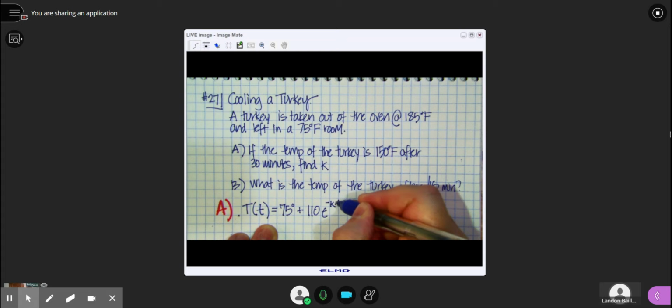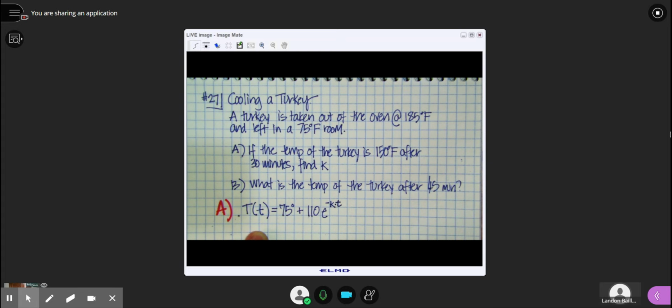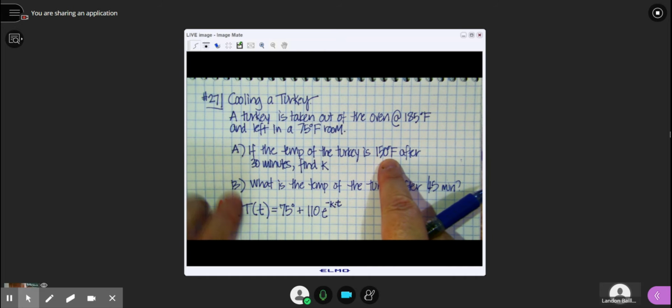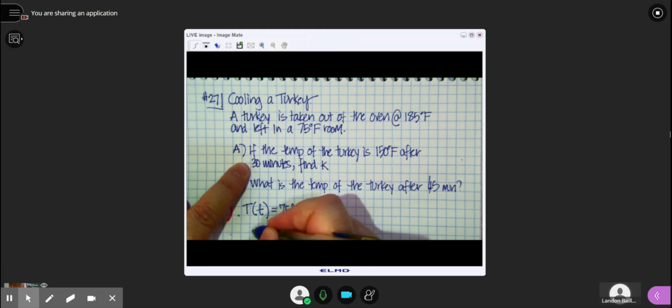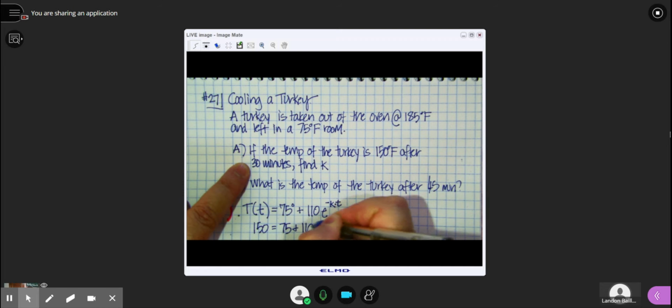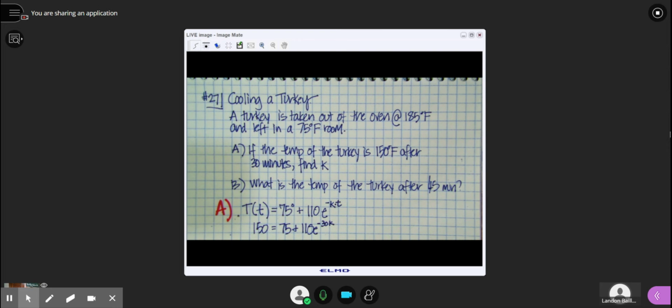All right. So part A tells us that the temperature of the turkey is 150 after 30 minutes. So this becomes my temperature at time t, and 30 minutes becomes my t. That's not so bad, is it?